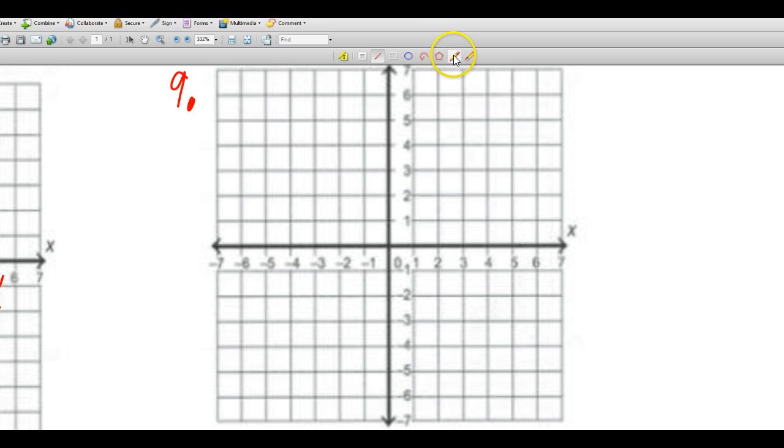And our pre-image is at J (-3, 1), and K (-1, 3), and L (1, 3), and M (-3, -1).